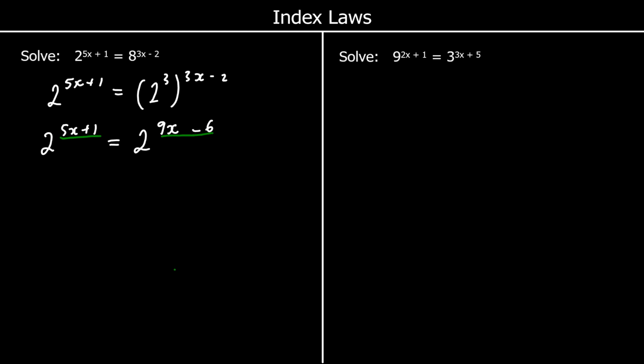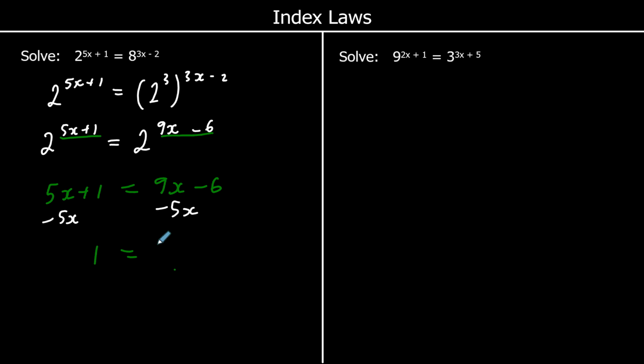They must be equal. So we can get rid of the 2's entirely and just say that this power must be equal to this power. 5x plus 1 equals 9x minus 6. So now we're just solving an equation. We're going to get rid of the smallest x first, take away 5x from both sides.